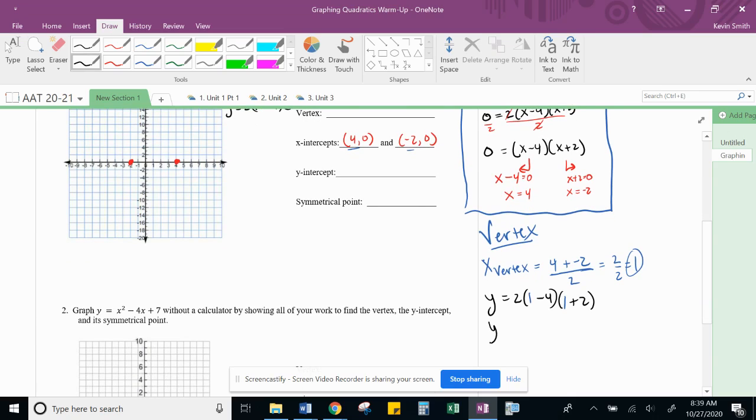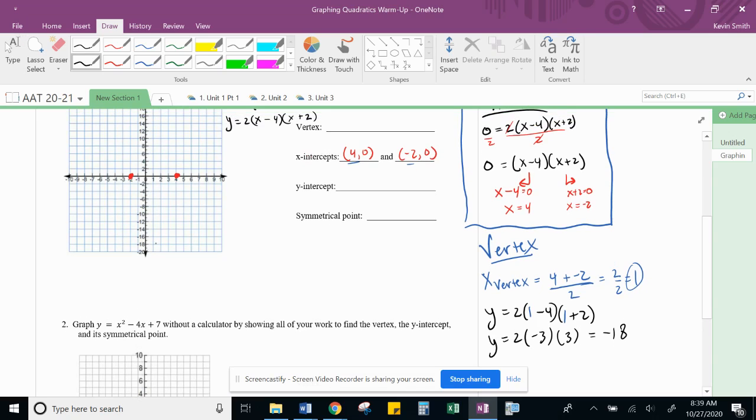Go ahead and solve this. y equals 2 times 1 minus 4 is -3. 1 plus 2 is 3. So let's see, I get -18. Okay. So now I know my vertex is going to fall at, oops, wrote that in the wrong spot, 1 comma -18.